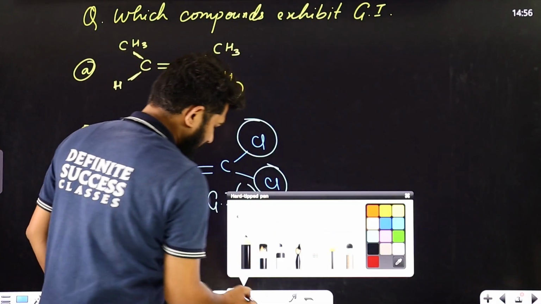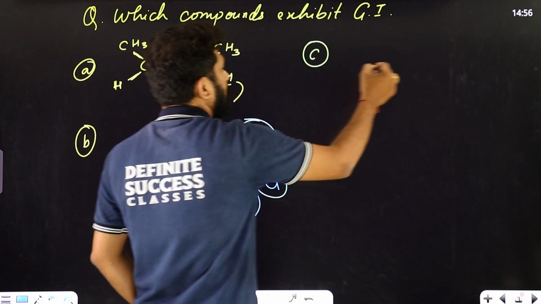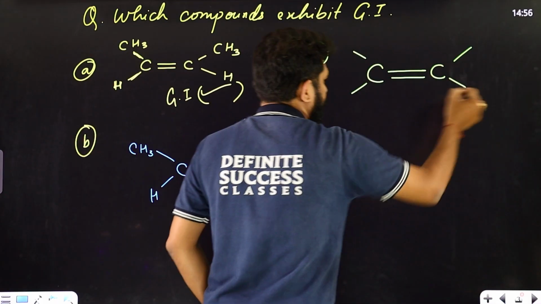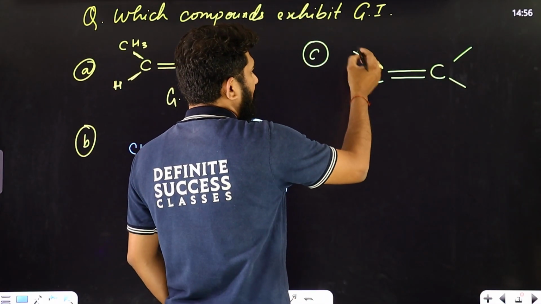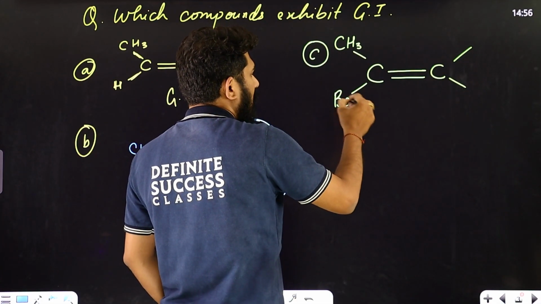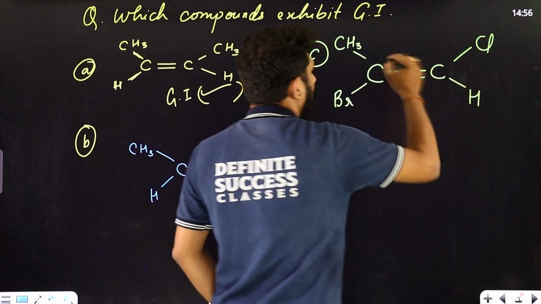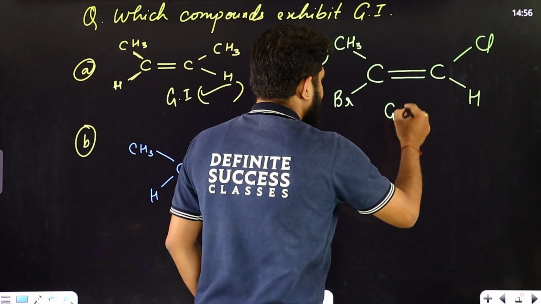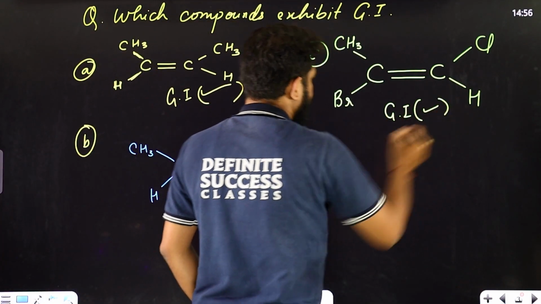Talking about some different case. Let's just talk about carbon, double bond carbon. Here we can see CH3 attached to Br, H and Cl. All four groups are different. Will this show geometrical isomerism? Yes, it will also show geometrical isomerism.